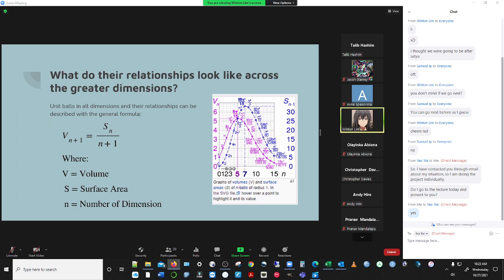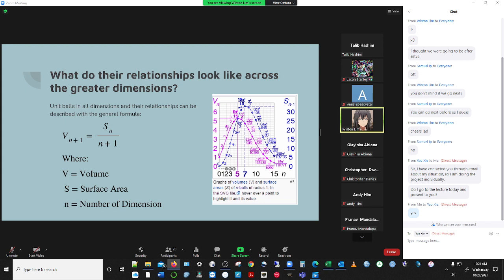And we just wanted to explore the relationships between the volume of a sphere and the surface area of a sphere in greater dimensions. As we can see, the constants start to shrink at the fifth dimension for volume, and they start shrinking for surface area at the seventh dimension.